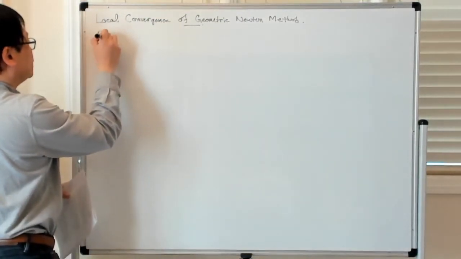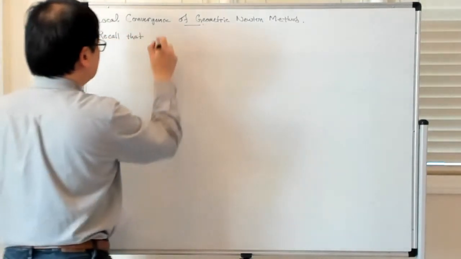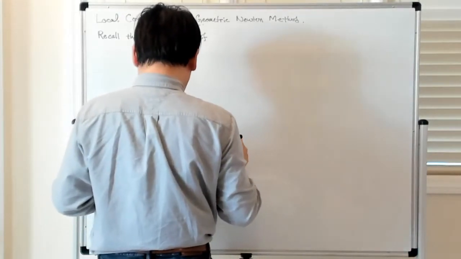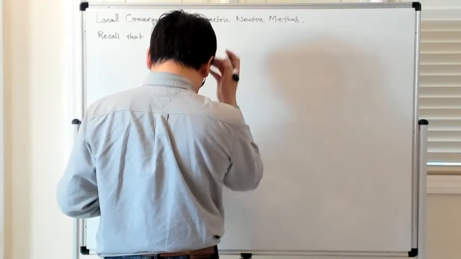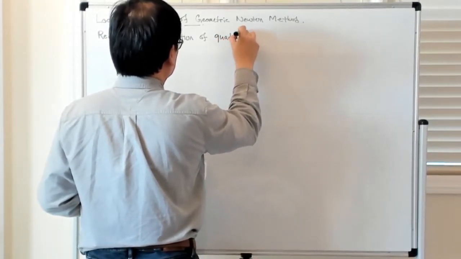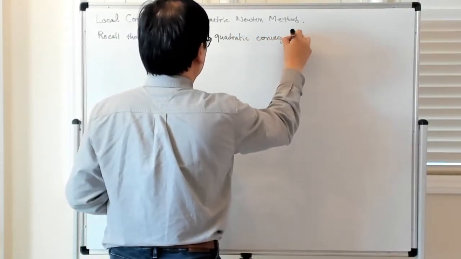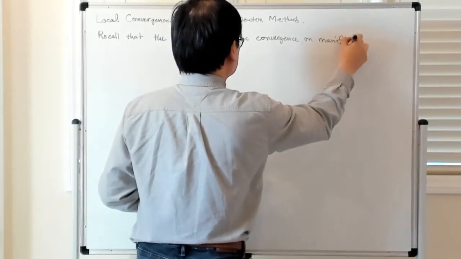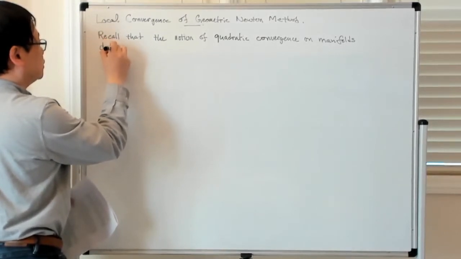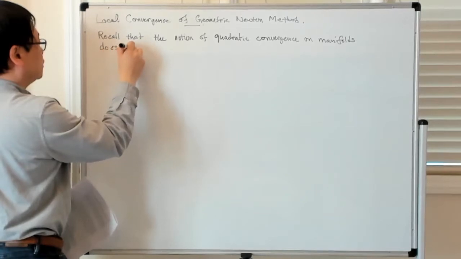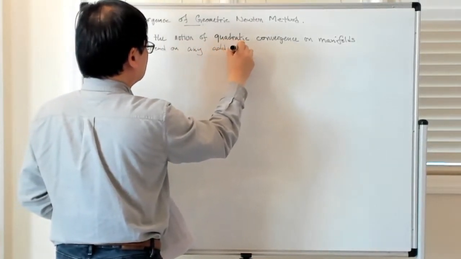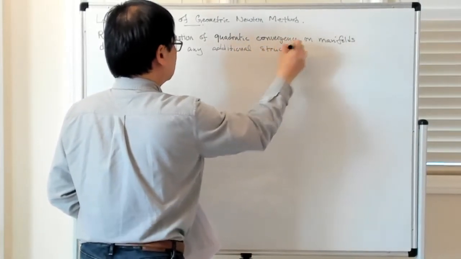Let me recall that the notion of superlinear convergence, actually the notion of quadratic convergence on manifolds, does not depend on the choice of a Riemannian structure, for example, or on any additional geometric structure on the manifold.